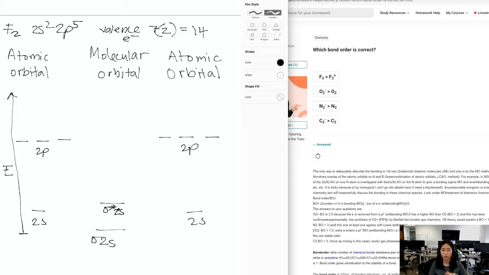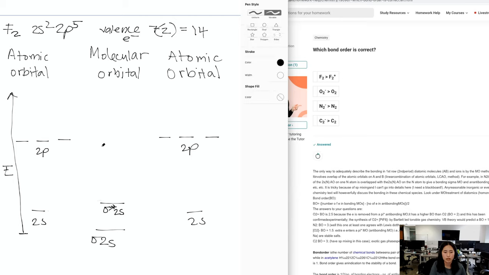When they overlap, it's either constructive or destructive interference, because remember, molecular orbitals are like wave-like patterns. That's how you group them based on their energy level. Typically they would have a dashed line here connecting, but I'm not gonna do that right now because it's very time consuming. Just keep in mind that this is based on the atomic orbital of 2s.